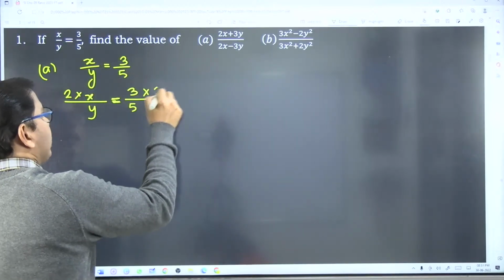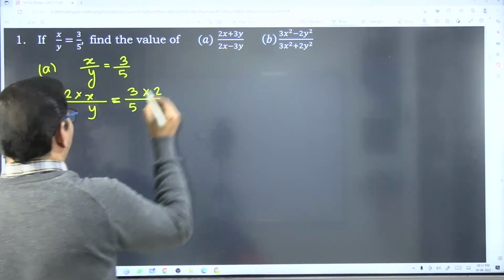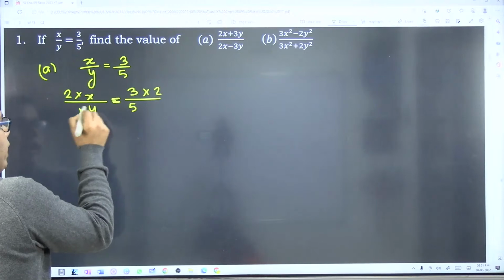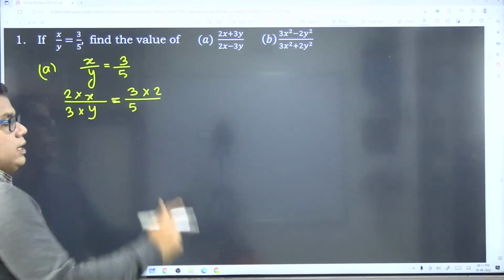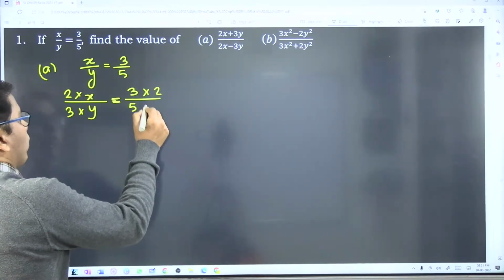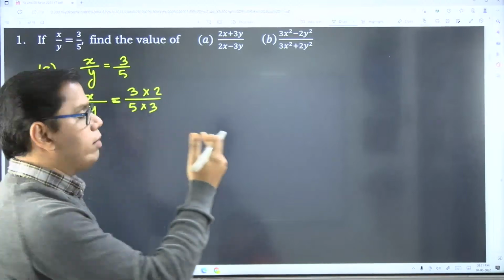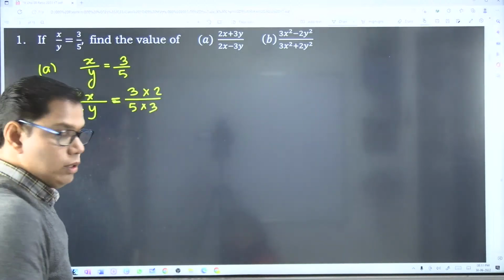So 2 on the right hand side. And along with y, I want 3, so I multiply y by 3. If you multiply 3 in the denominator on the left hand side, the same thing you have to do on the right hand side also.